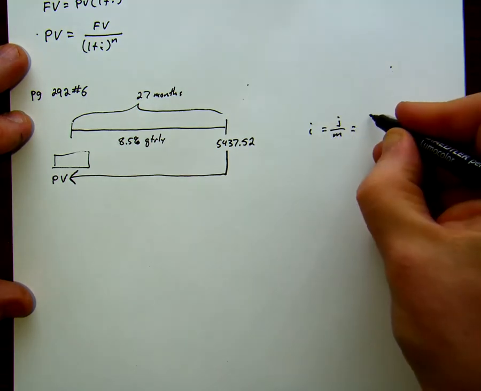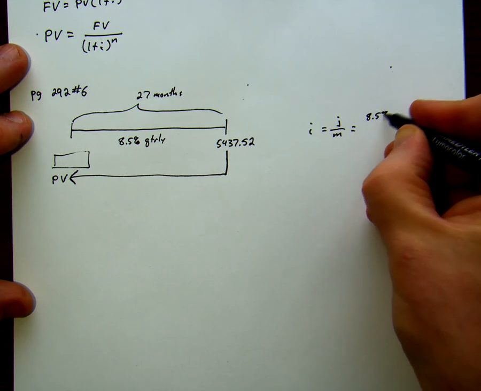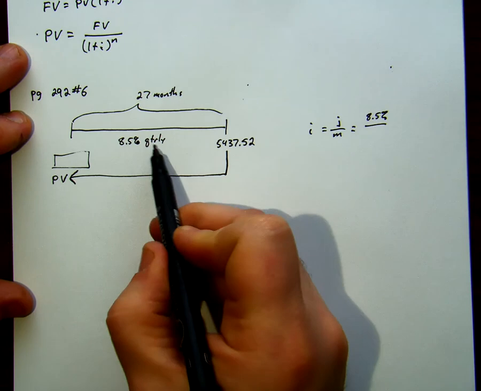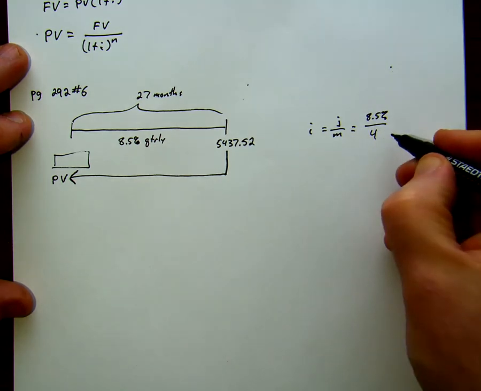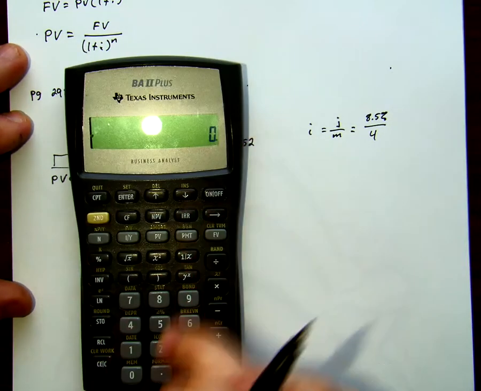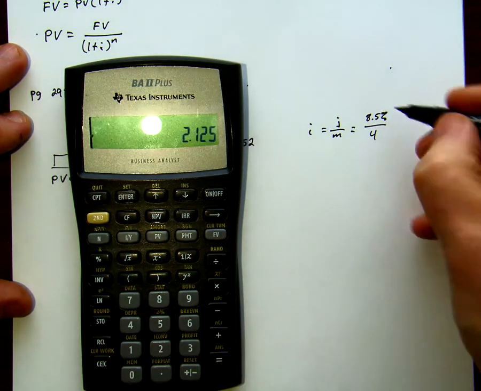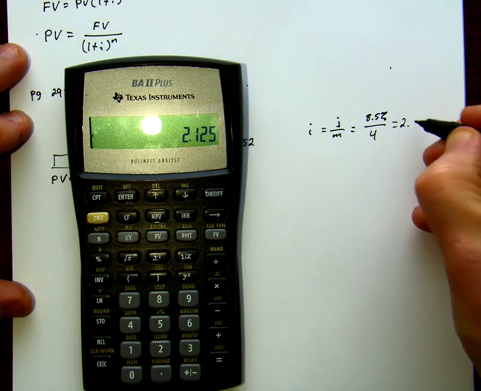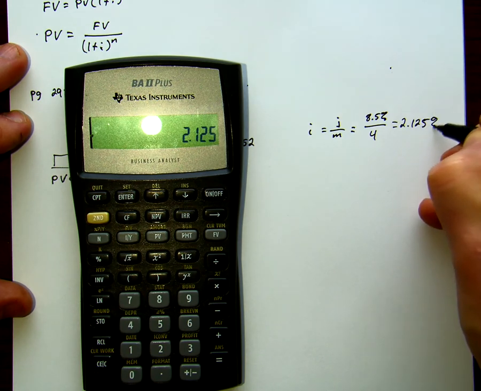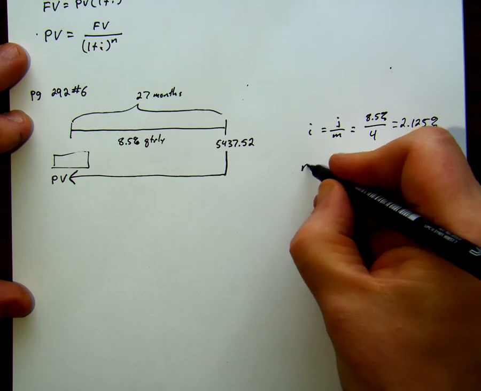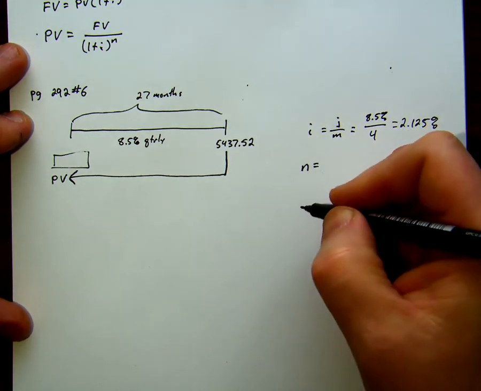This is our nominal rate of 8.5% over how many times per year? Well, quarterly is 4 times per year. 8.5 divided by 4 is 2.125%. Second we calculate our n, and our n is equal to number of years.